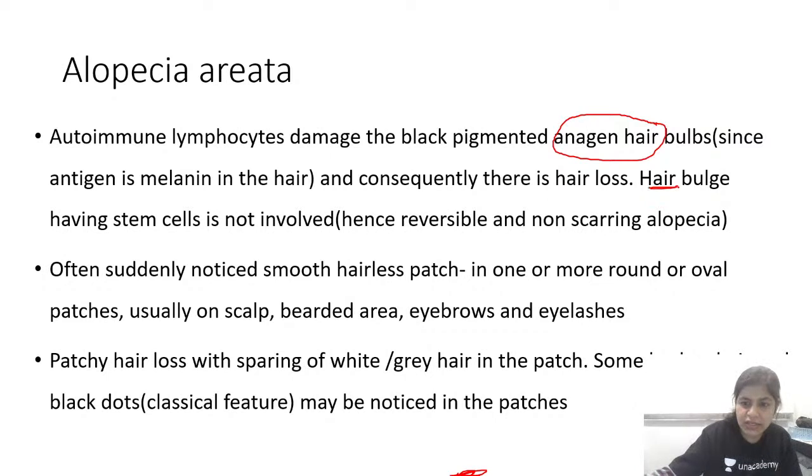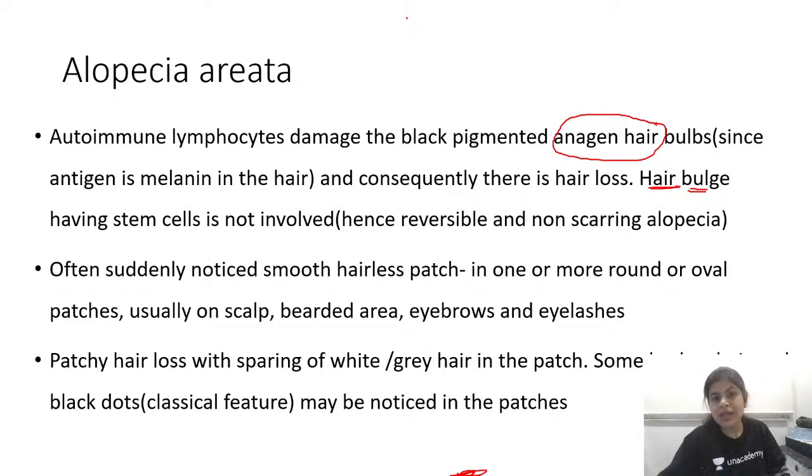Hair bulge area. Remember the hair bulge area. What is the hair bulge area? The hair bulge area is the place where the arrector pili muscle inserts itself into the hair follicle. Now that area where the arrector pili muscle inserts is a kind of a bulge, and in that bulge you see the presence of stem cells.